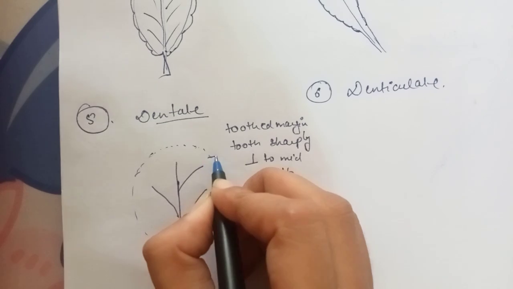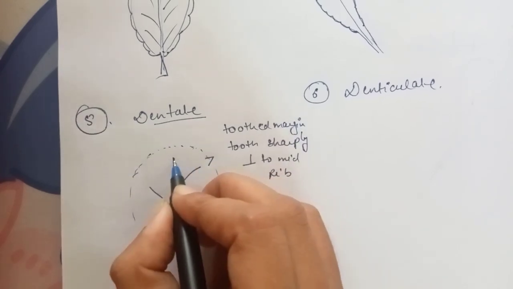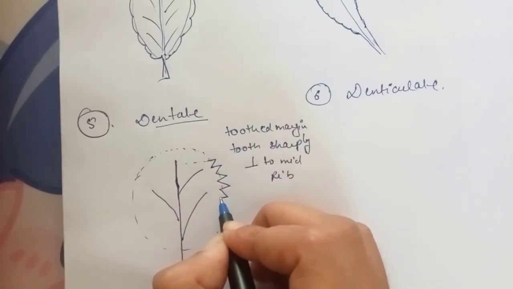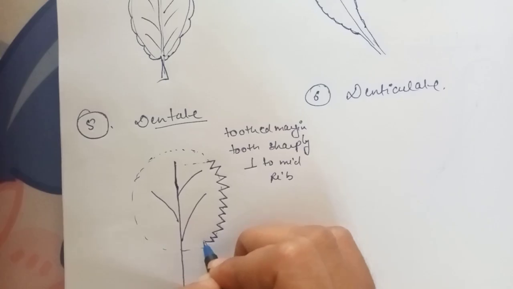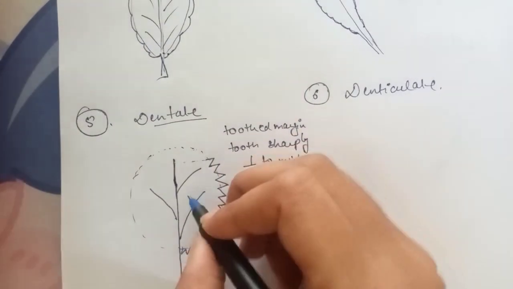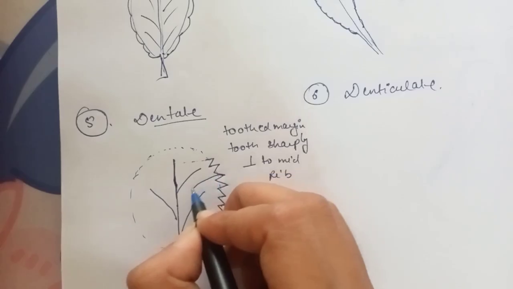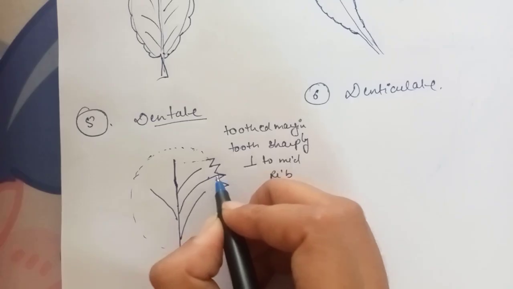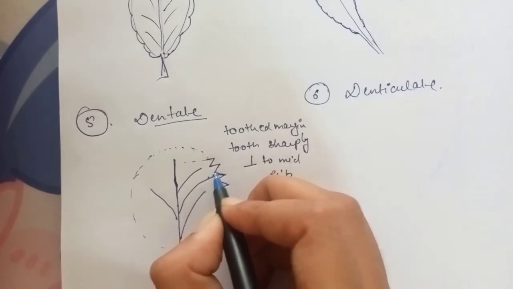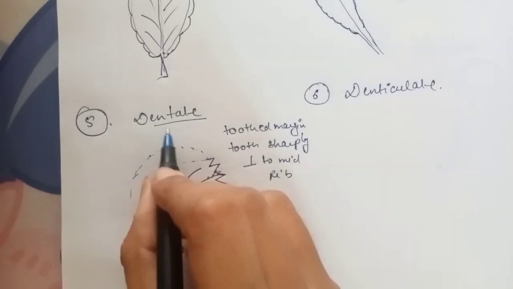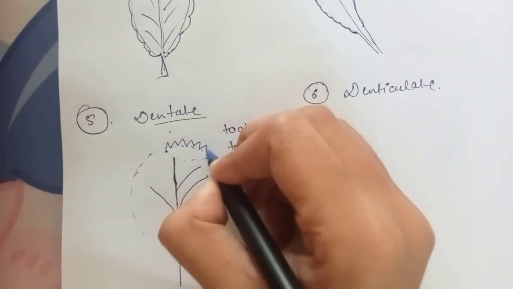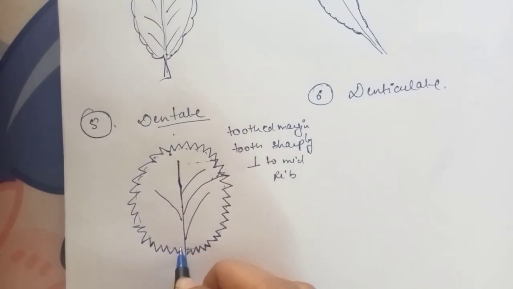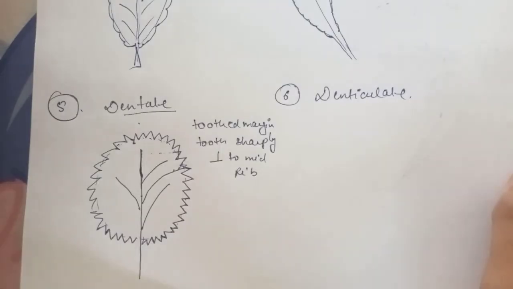This is like this. Now make a perpendicular dentation like this. Whatever venation is coming to this, that is more or less 90 degrees to it. That is dentate margin. What is denticulate?